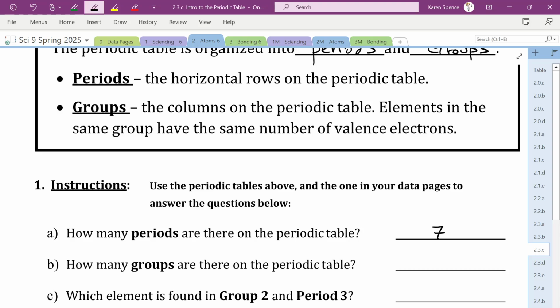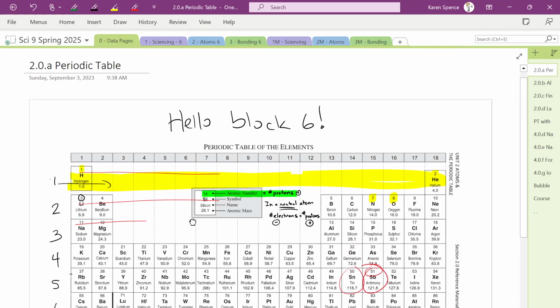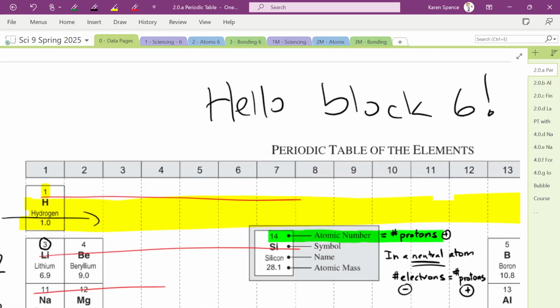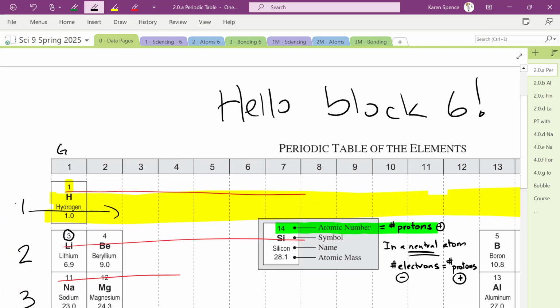How many groups are there on the periodic table? Take a look on your periodic table and see if you can figure out how many groups there are. There are 18. So if we look on our periodic table, once again, this one's even nicer because right at the top, it counts them off for you. So this is group 1.